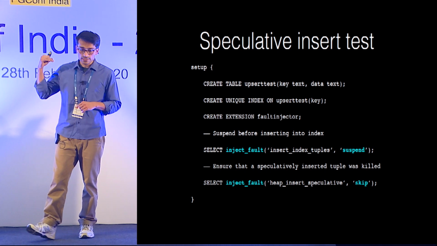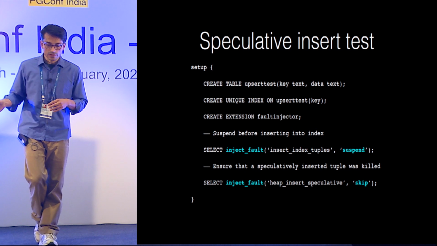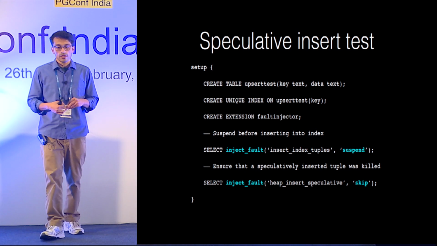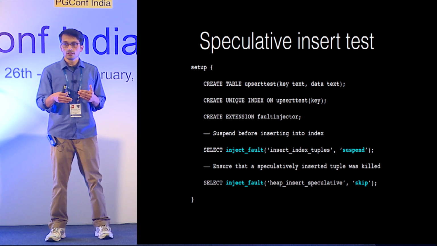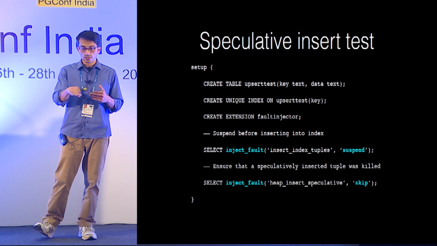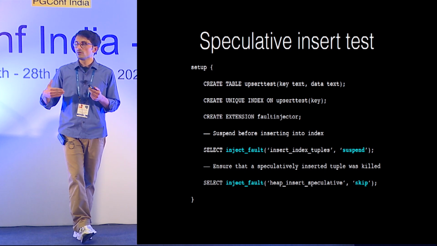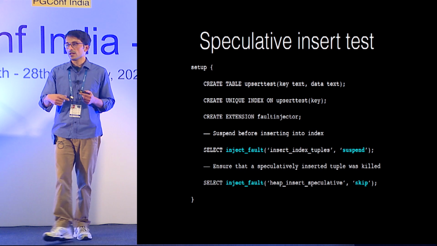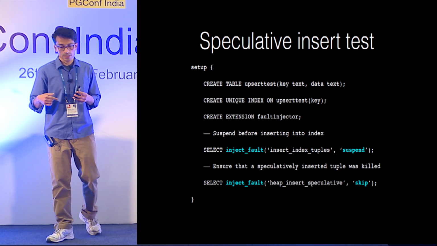And we need another fault, which is heap insert speculative. This is again a function, and the purpose of this fault is to tell us that the speculative, on conflict action was taken.